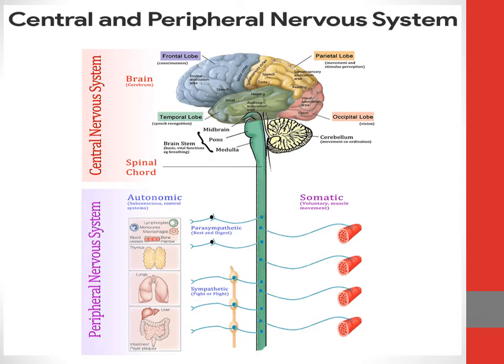So respiratory rate, blood pressure, heart rate. So a lot of parts that are under involuntary control. And a lot of the cranial nerves are leaving parts of the brainstem, in particular the pons. So there's 12 cranial nerves. Some of them are motor, some of them are sensory nerves, and they're coming in at the brainstem level.